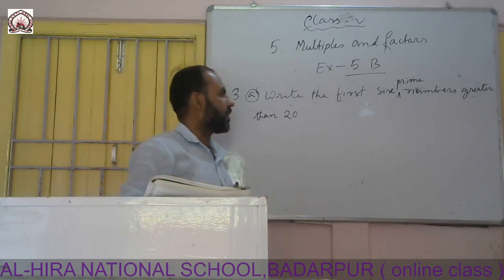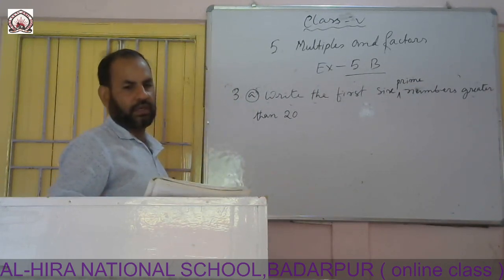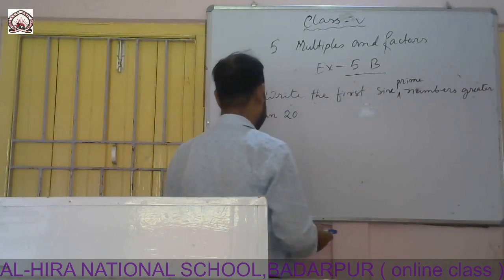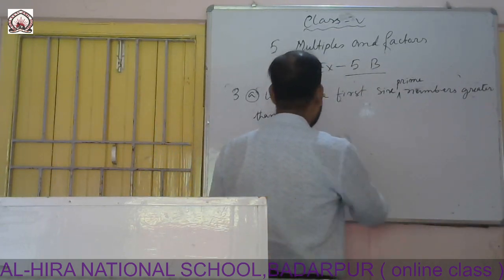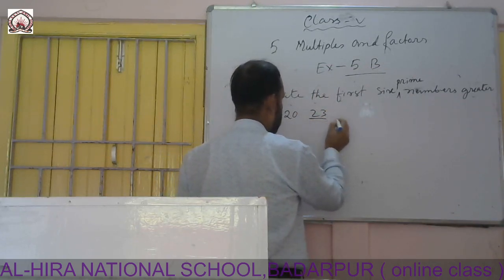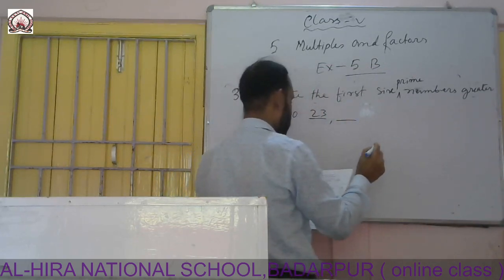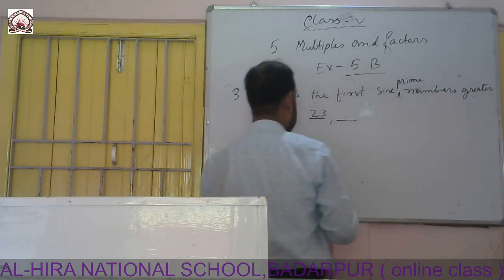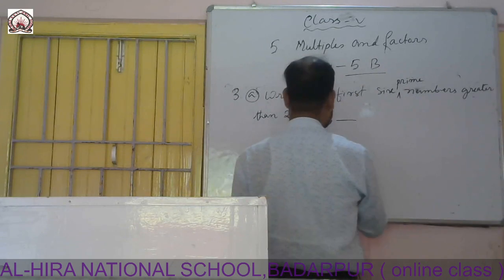So a prime number has only 2 factors, the number 1 and itself. So after 20, the prime number is 23. 21 not, 23.